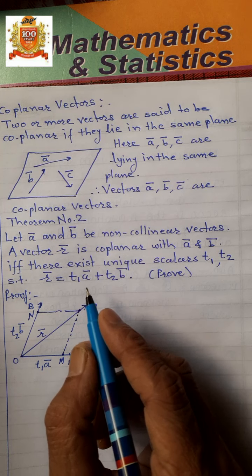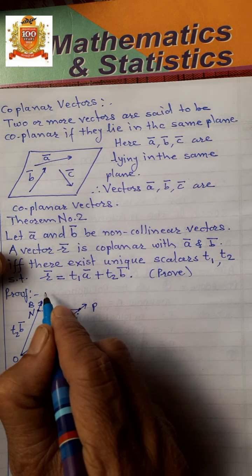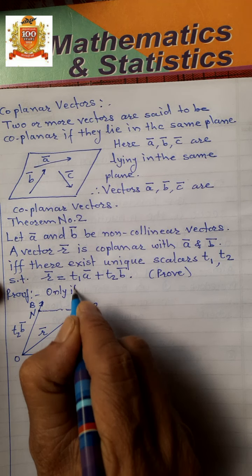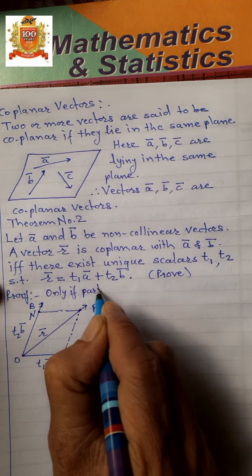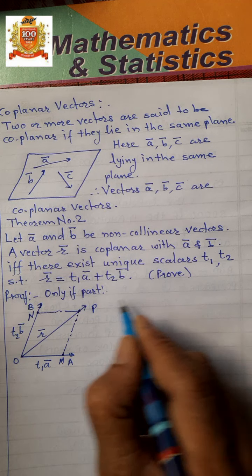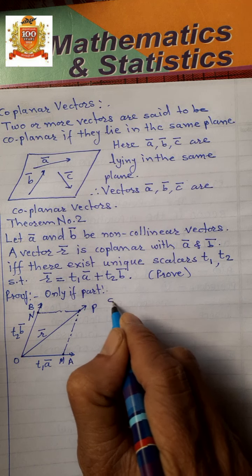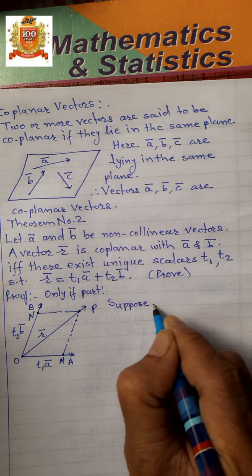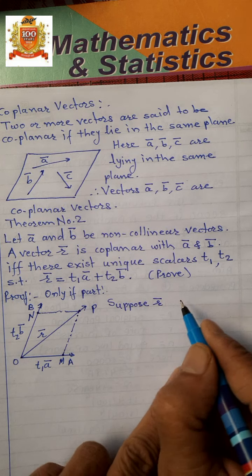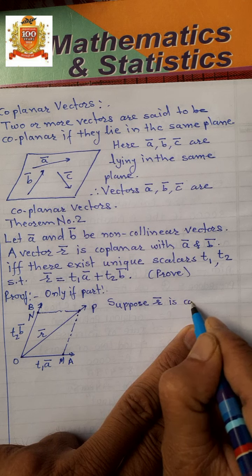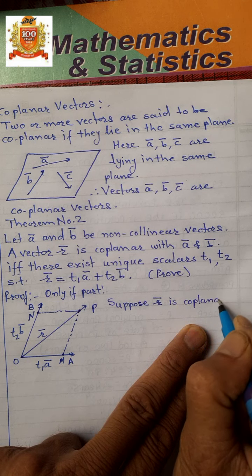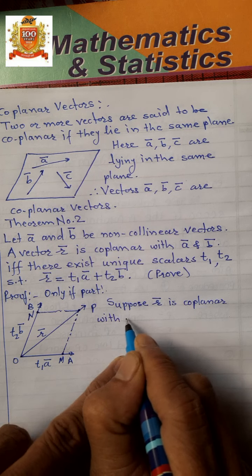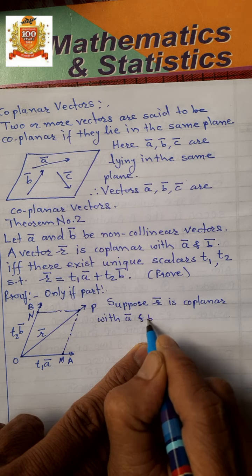Prove. Only if part. Let us start with only if part. Suppose R bar is coplanar with A bar and B bar.